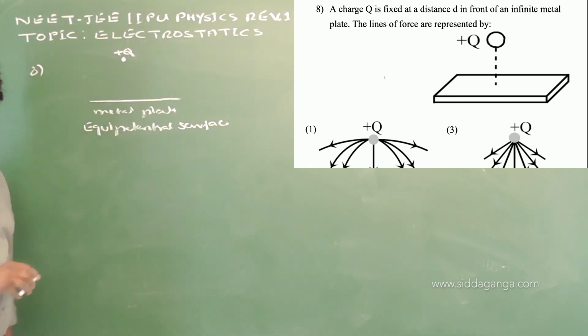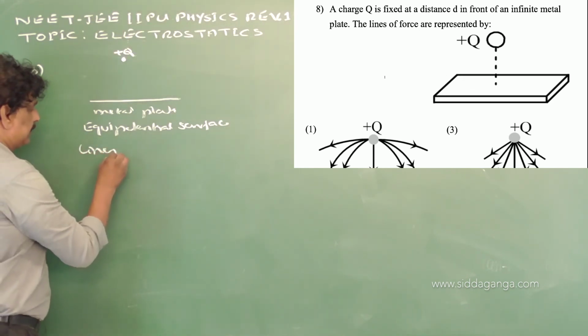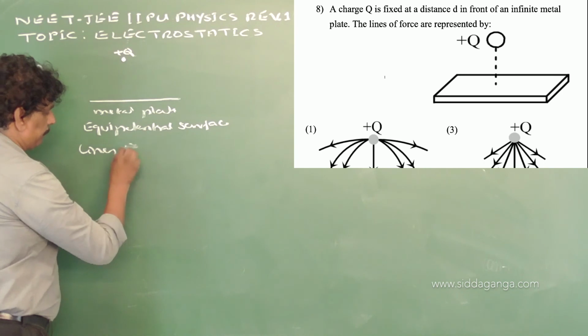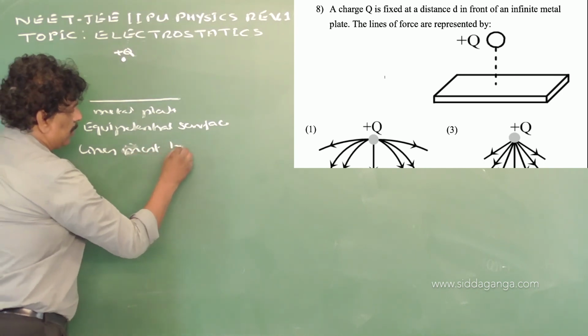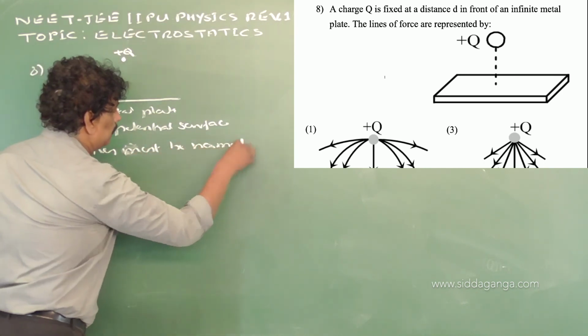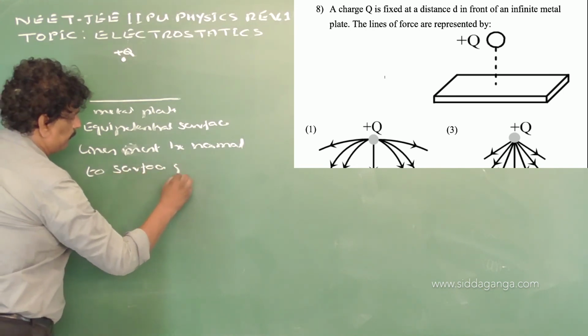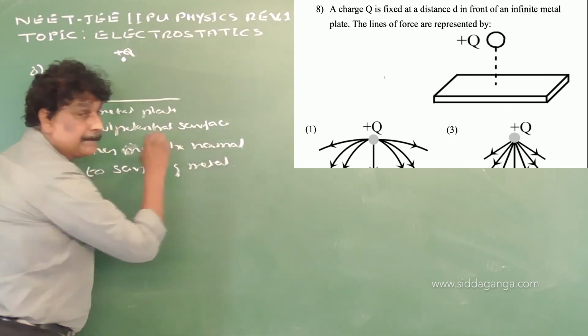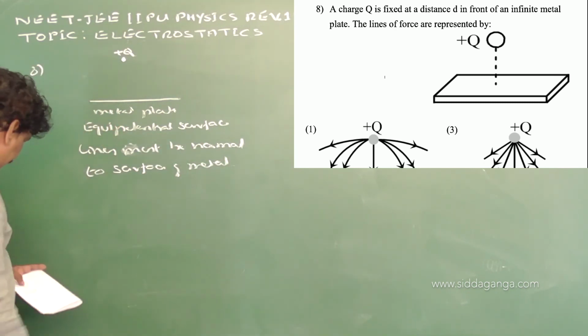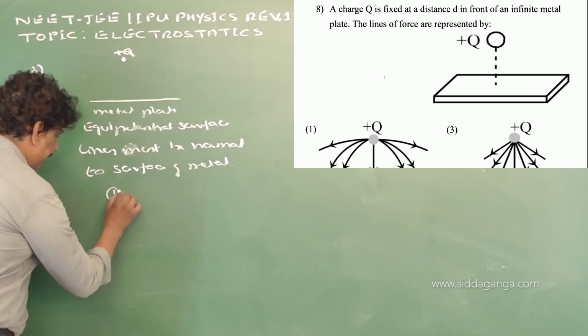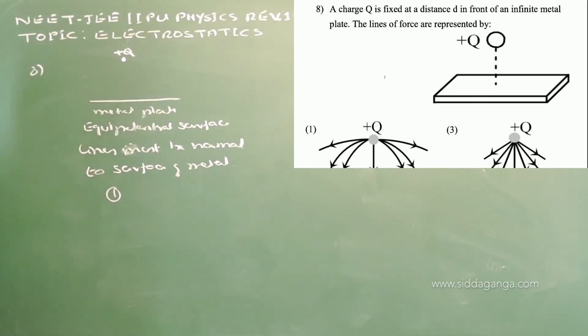When a metal plate acts as an equipotential surface, the lines must be normal to the surface of the metal sheet.